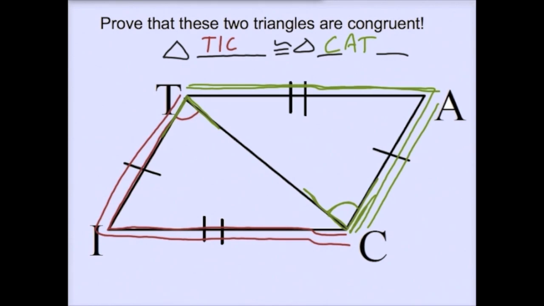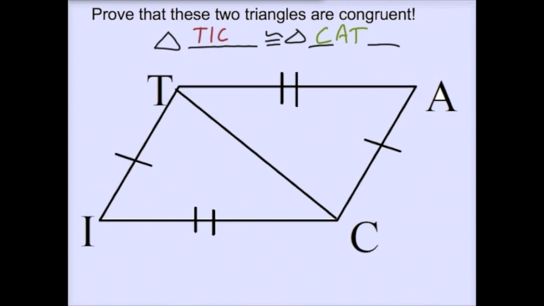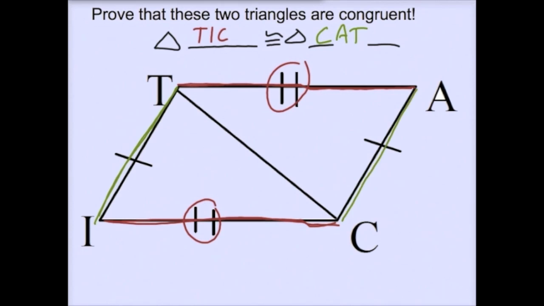How are we going to do that? Well, let's take a look at those congruence marks again. I see I've got one pair of segments. Let's call this IC. IC and AT must be congruent because they both have these two pairs of congruence marks on them. And likewise, segment TI is going to be congruent to segment AC.